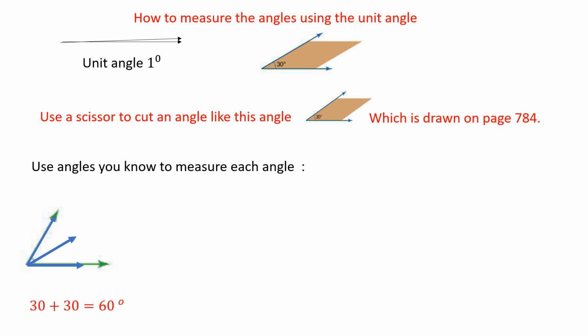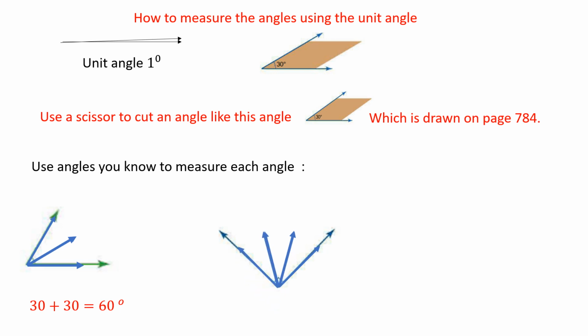One more question. Like this angle, how do we measure how many degrees it is, or the size of this angle, also by using the angle 30 degrees? Just put the angle that you cut inside this angle and see how many times it fits. Let's put it the first time here, one time, then two times, then three times.